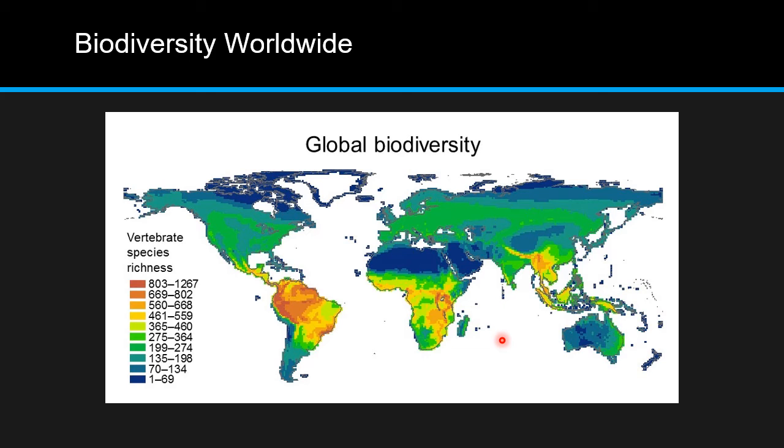But where are the areas that have low biodiversity? Well, in northern Africa here, we see that we have very little biodiversity, and also at the poles, like we see over here near the Arctic, there's very low biodiversity, and also near Antarctica.